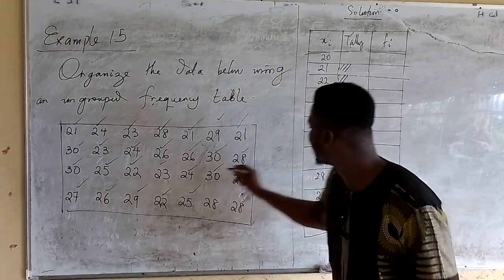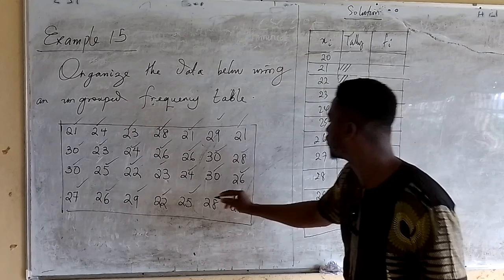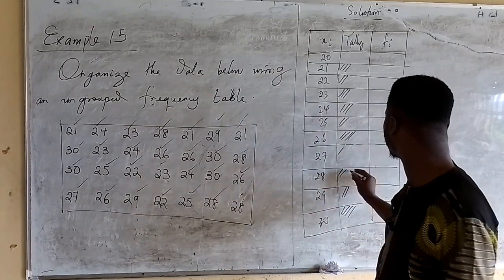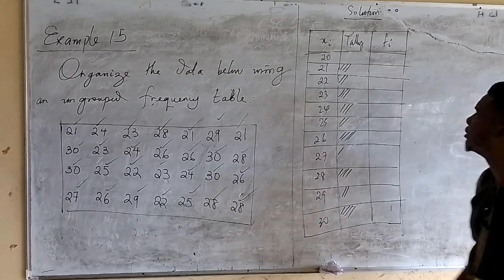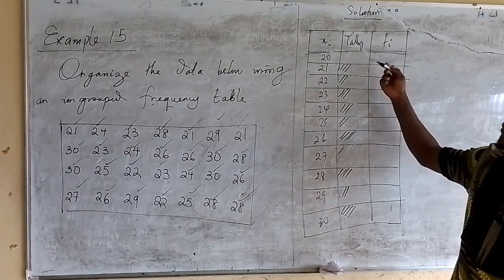Okay. 25. 28. And 28 again. So we have no 20.